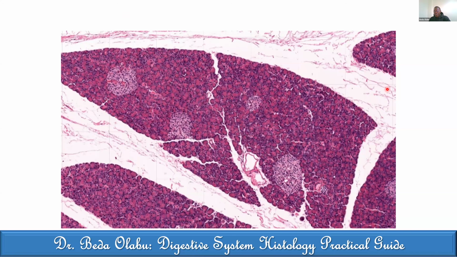Yes, Bran. Okay, in my opinion, as much as we have established this gland has some exocrine function, within the particular lobule you can see some cluster of cells that appear to be clustered together.